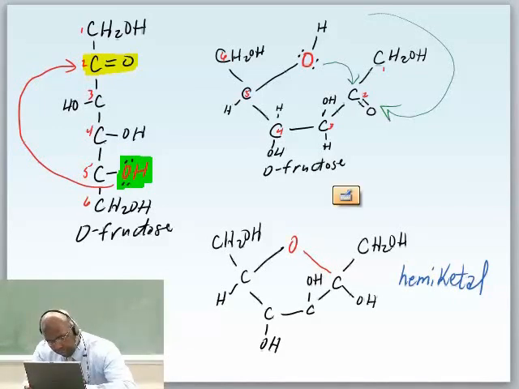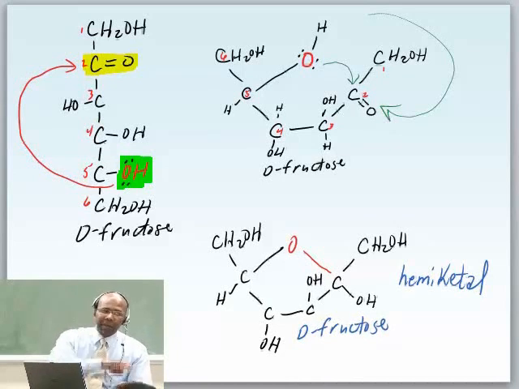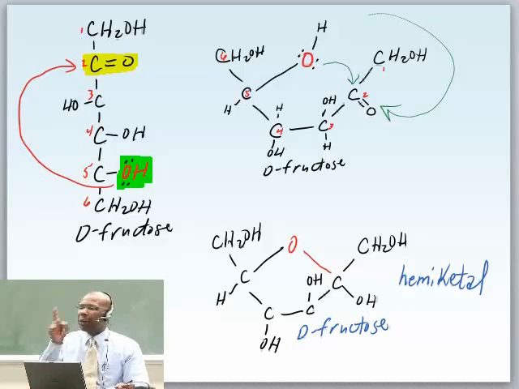And this is still fructose. It's still D-fructose, but there are some things about it that are different. Now, is this D-fructose in the pyran form, or is it in the furan form? Furan. Why do you say it's furan? Okay, you can think about it like that.